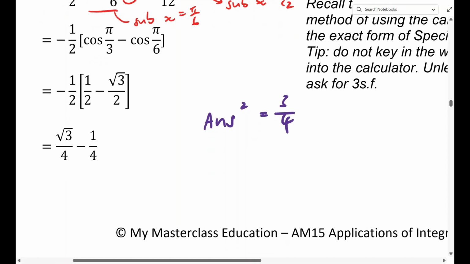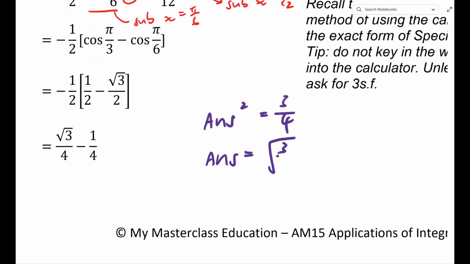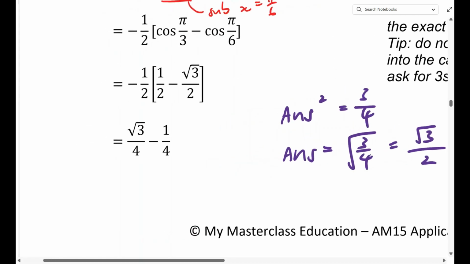To do so, we'll square root it on both sides. So our answer will be equals to square root of 3 over 4, which will be square root 3 over 2. Now you see that we arrive at our special angle of cosine pi over 6 equals to root 3 over 2. And don't forget that we still have a constant of negative half on the outside, so we need to expand it back to get our final answer.